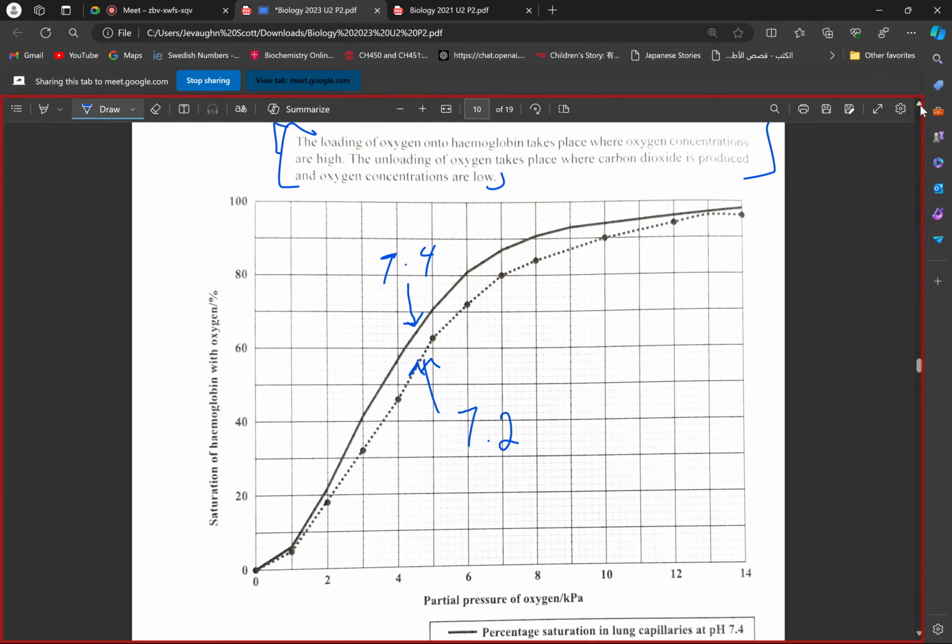Really, that's interesting. When we're having a right shift, what do we have increasing? CO2 concentrations increase, right? Work with me, guys. CO2 concentration increases, yes? Yes, sir. All right. The pH, what would it do? Increase or decrease?